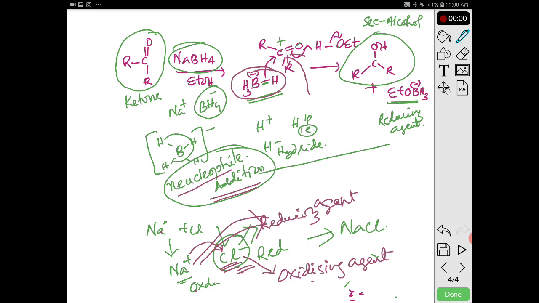When you want to reduce a carbonyl group which has the least electrophilicity, you may look for a vigorous mechanism. If you want to reduce a carbonyl group which has very high electrophilicity, you may have to use a mild reducing agent. That's the point.